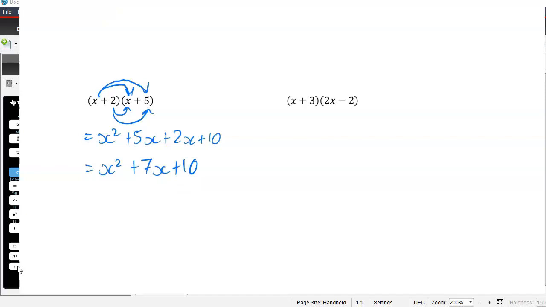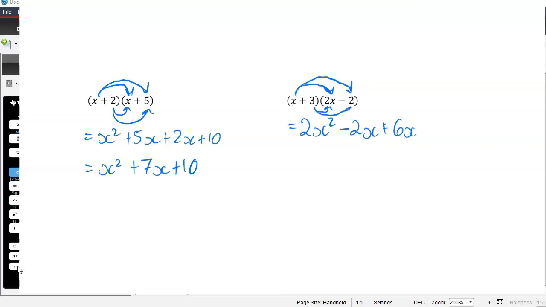So this next one, I've got x times 2x. So x times 2x is 2x squared. X times negative 2 is negative 2x. 3 times 2x is 6x.